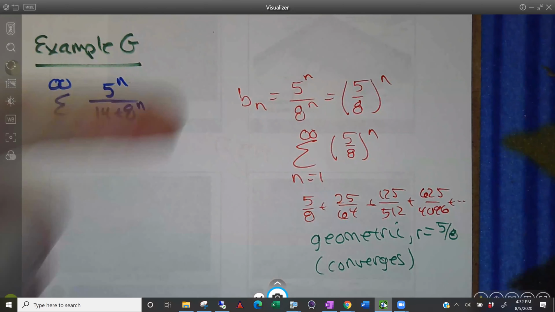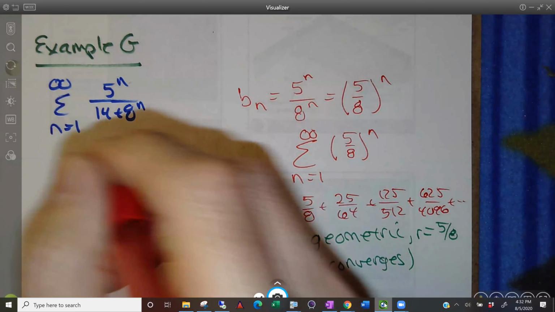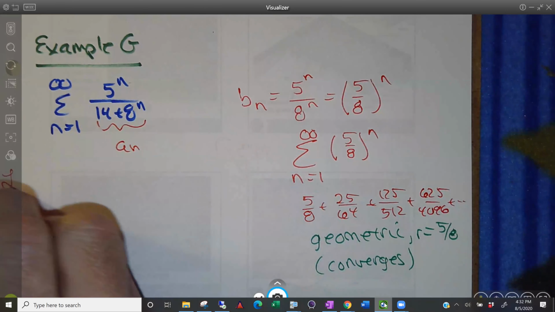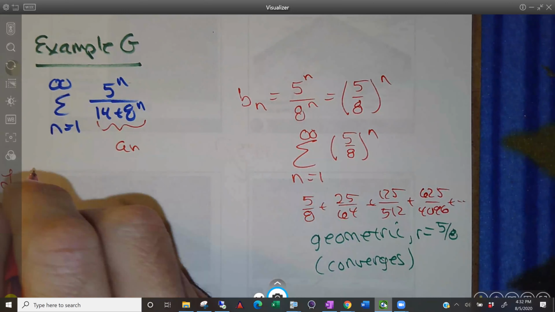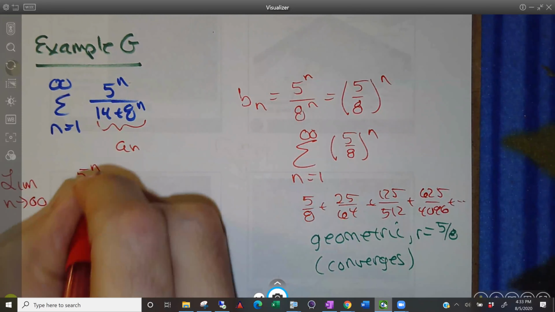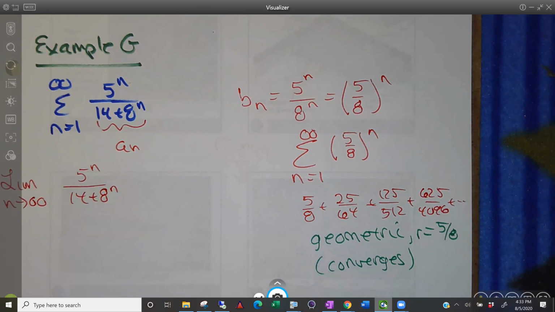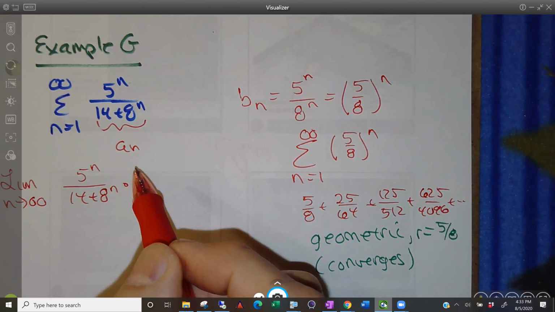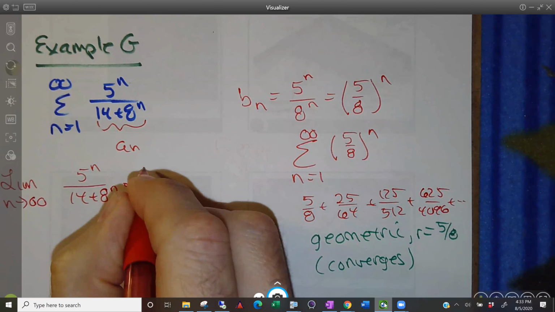And we'll check it with the limit comparison test. So we'll call that my a sub n. We'll calculate the limit as n approaches infinity of, let's see, b sub n, 5 to the n over 14 plus 8 to the n, divided by b sub n, which is like multiplying by the reciprocal of b sub n.